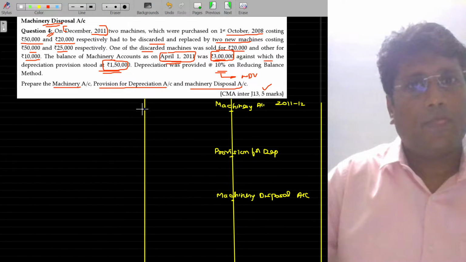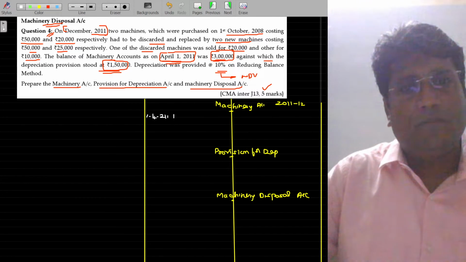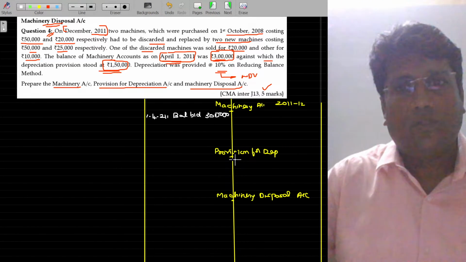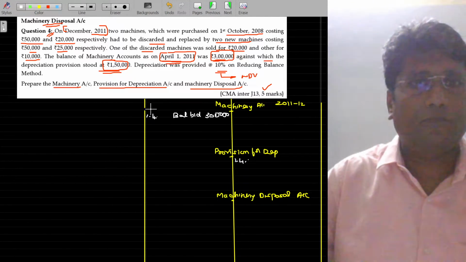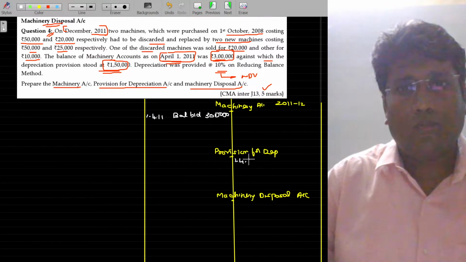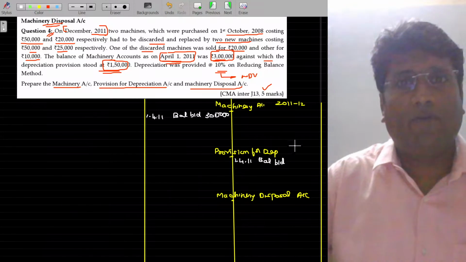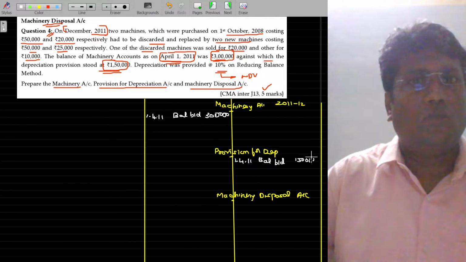In the year beginning, 1st April 2011, balance brought down 3 lakhs, and here 1/4/2011, balance brought down, the value being 1,50,000.